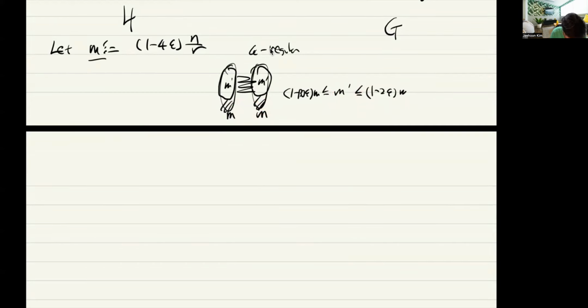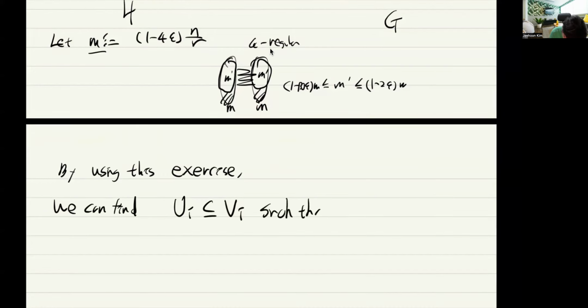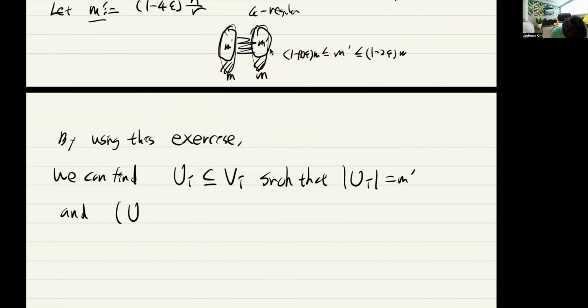So by using this exercise, which was left as an exercise in the previous lectures and is also in the lecture note, we can find U_i, a subset of P_i, such that each U_i has size exactly m prime, and each pair (U_i, U_i star) is, say, 6 epsilon, d-plus superregular.